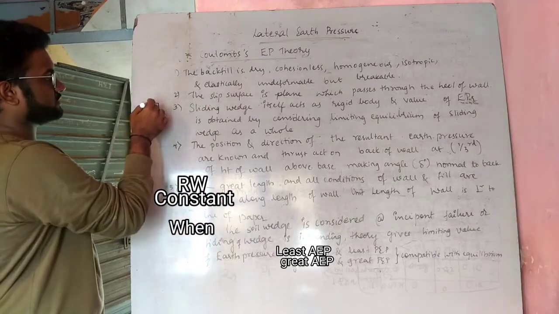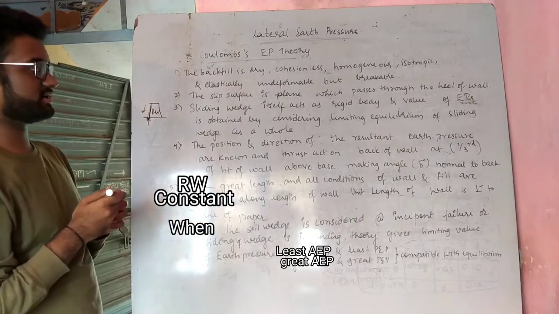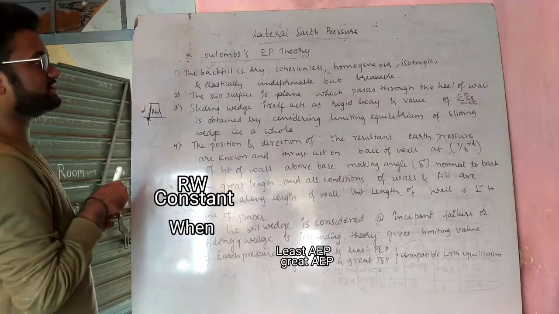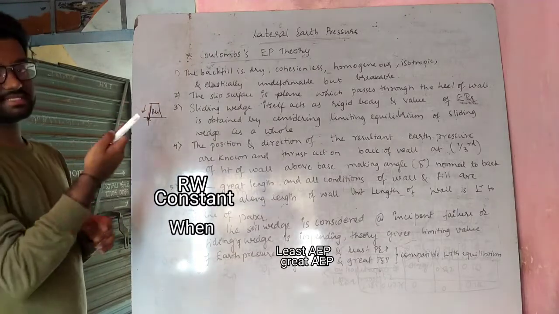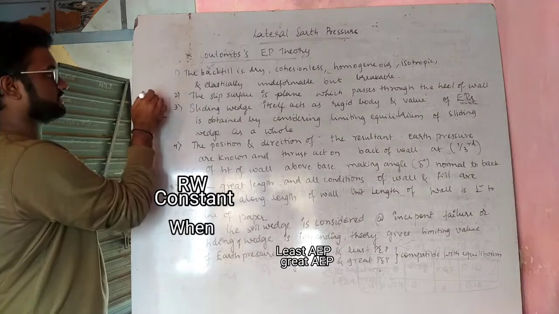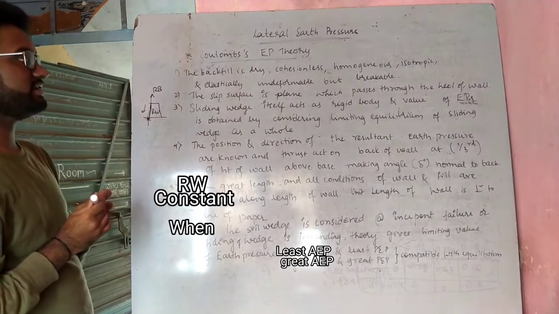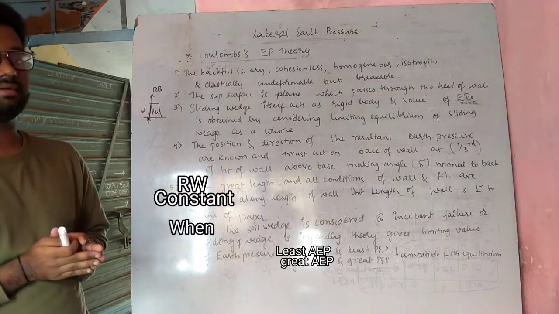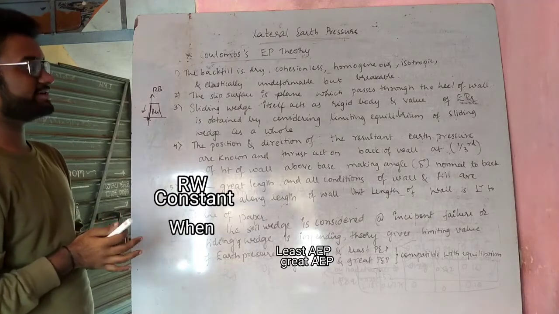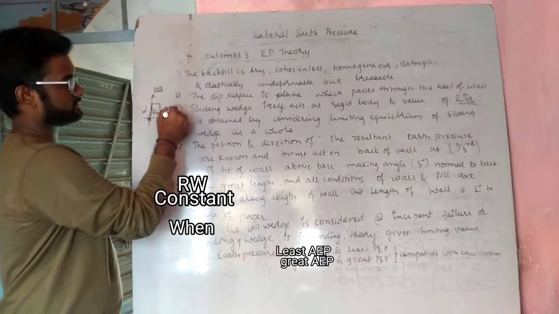The sliding wedge as a whole, we have to consider the limiting earth pressure condition. We'll be studying the different earth pressure conditions in the upcoming modules. The value of the earth pressure is obtained by considering the limiting equilibrium of the sliding wedge as a whole. This is the third point.